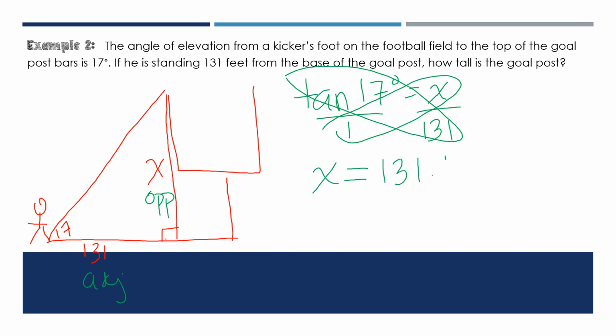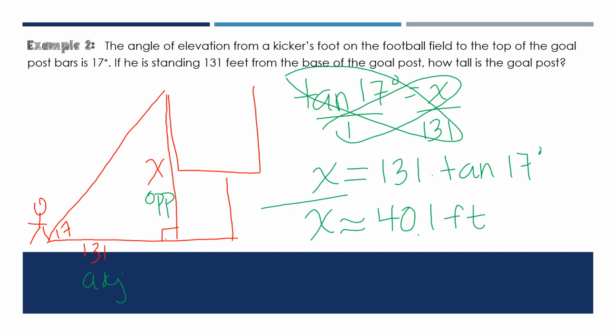We'll go straight to our calculator because x is already isolated: 131 times tangent 17. The goalpost is about 40.1 feet tall.